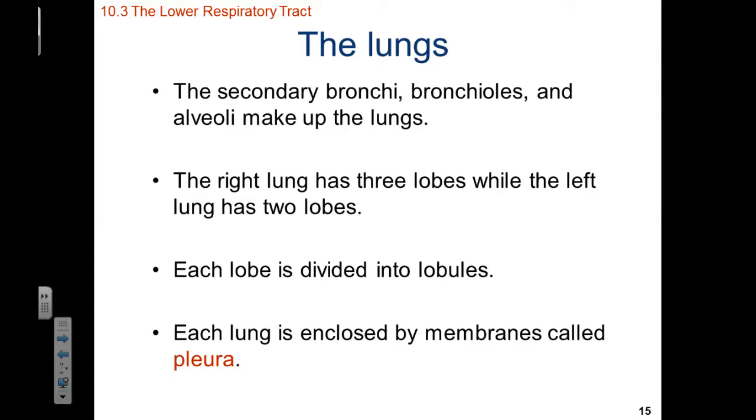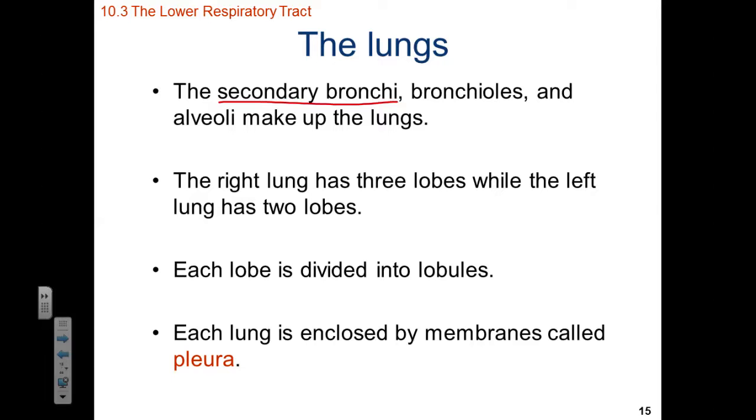If we look at the lungs themselves, these large sacs that contain most of the bronchial tree, the lungs will contain the secondary bronchi, the bronchioles, and all of the alveoli that make up the volume of the lungs. And it's worth emphasizing that the right lung has 3 lobes, while the left lung has 2 lobes. Each lobe of the lung is going to have a secondary bronchus going to it.